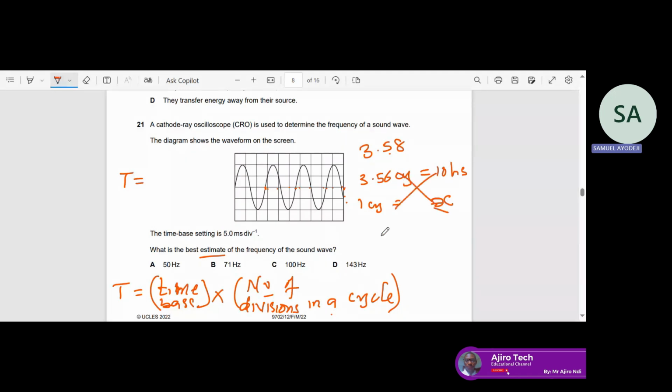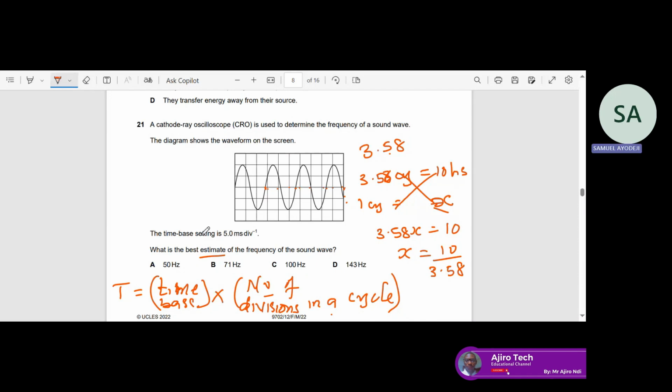So we are going to have 3.58 times X equal to 10. So X will give me 10 over 3.58 O's. So let me see first.